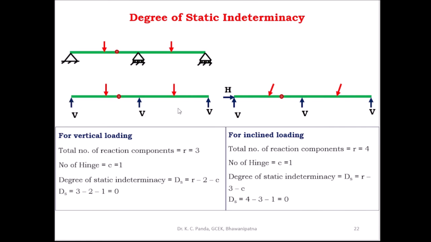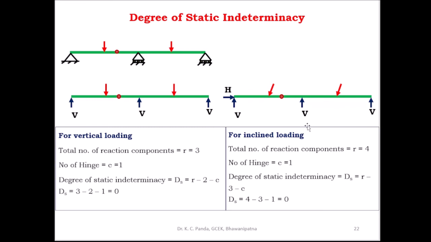So here you have to consider the 3 vertical reactions. So r is equal to 3, and the number of internal hinges is equal to 1, so C is equal to 1. So the degree of static indeterminacy ds is equal to r minus 2 minus C, which is 3 minus 2 minus 1, equal to 0. So ds is equal to 0.